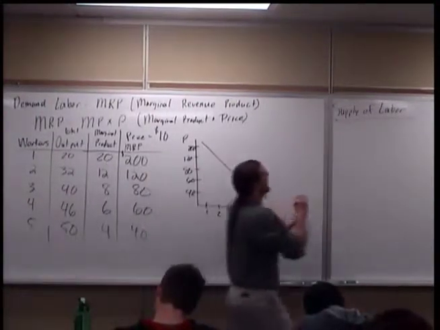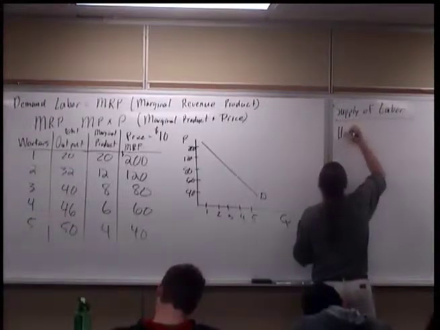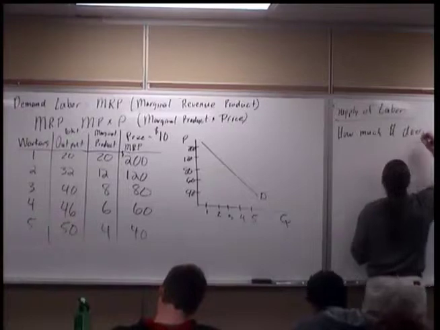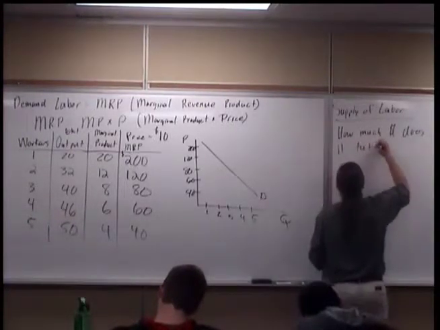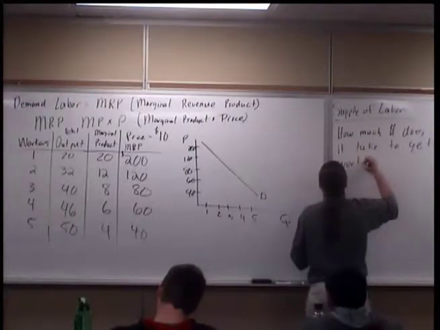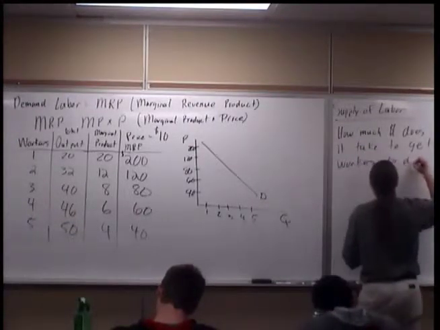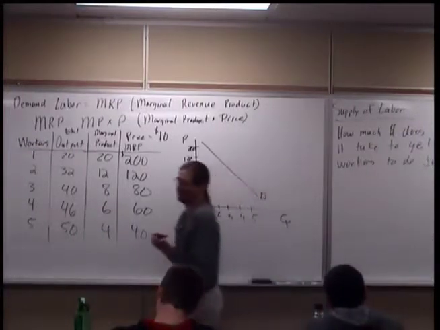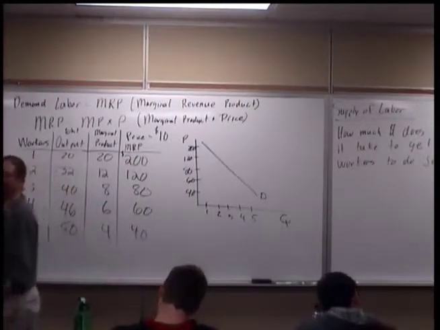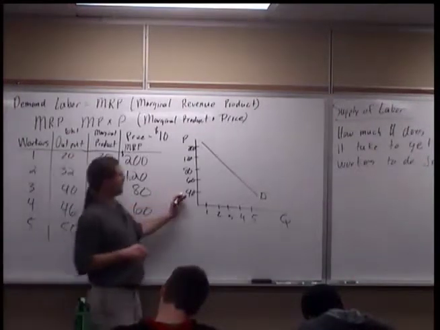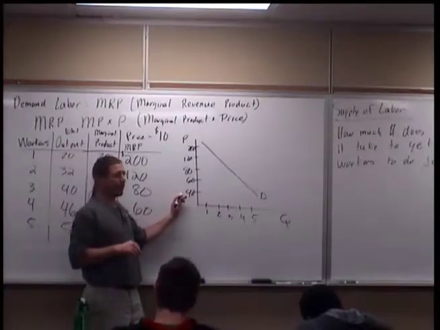All right, so the supply of labor is driven by how much money it takes to get workers to do the job. That's really what the supply of labor is. And we can go through a similar argument where if the wage rate is $40 per day, how many people would be willing to work this job?